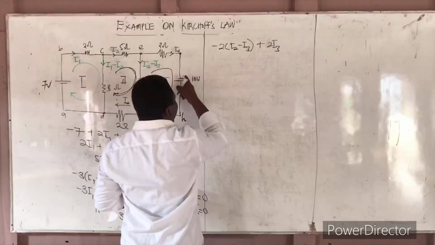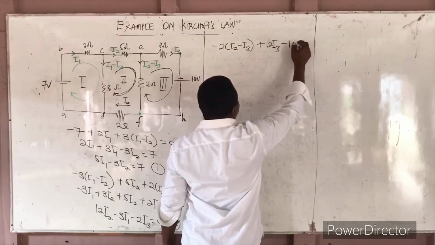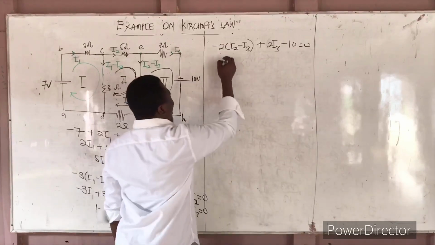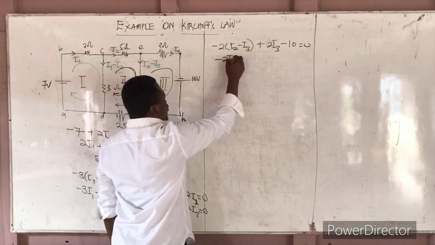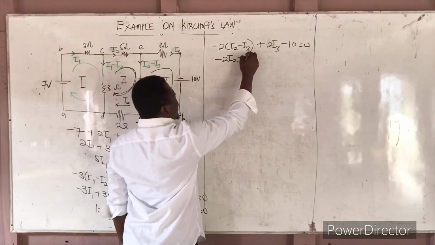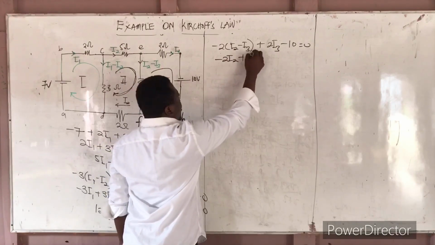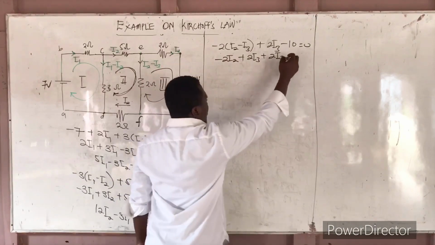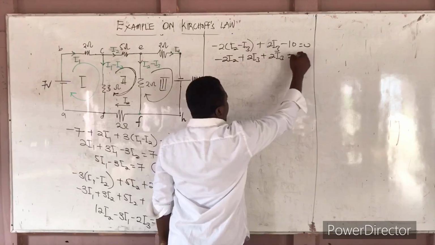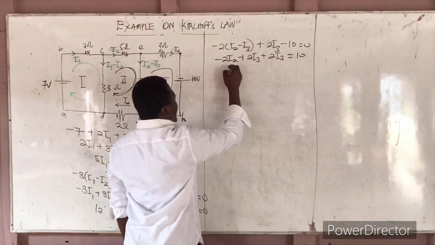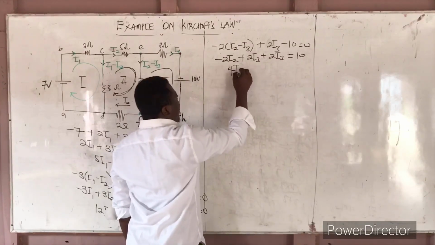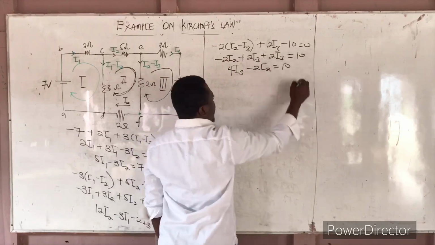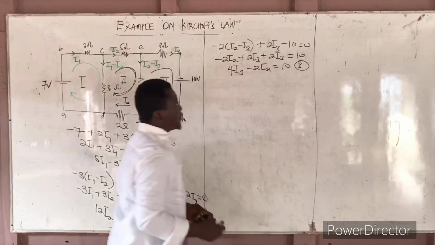It will touch negative first, so you get minus 10 is equal to 0. By simplification, you get minus 2I2 plus 2I3 plus 2I3 is equal to 10. So you have 4I3 minus 2I2 is equal to 10. This is our equation 3.